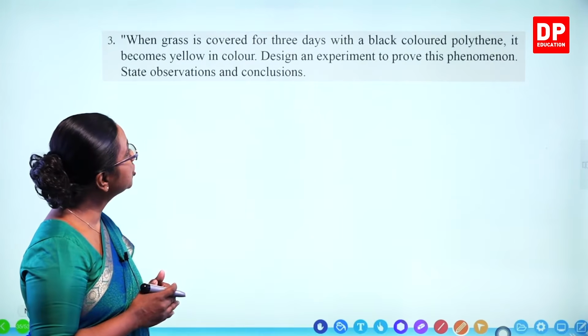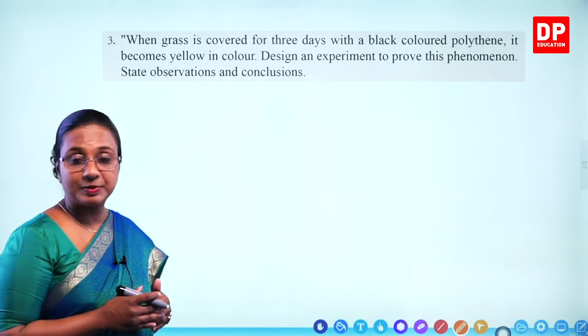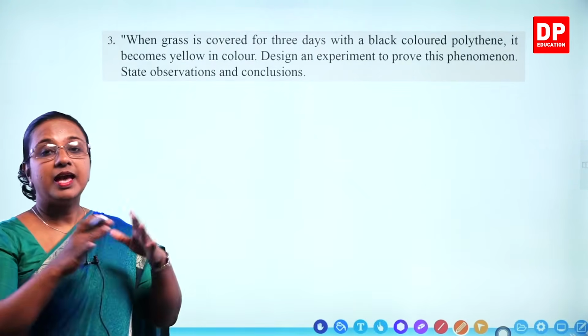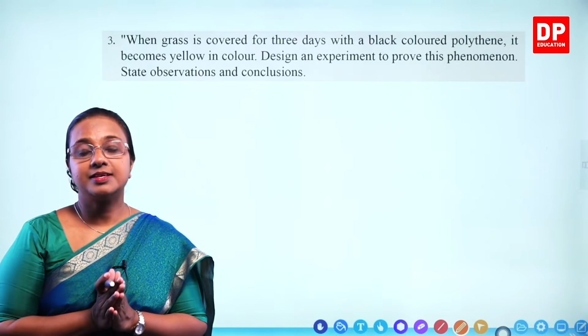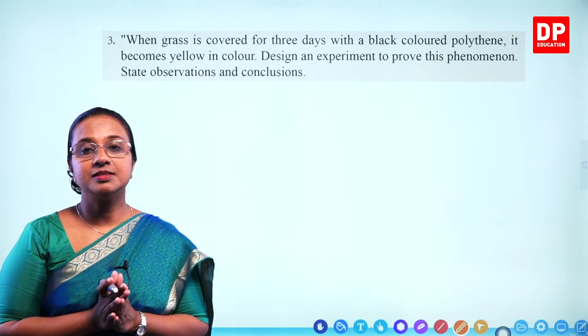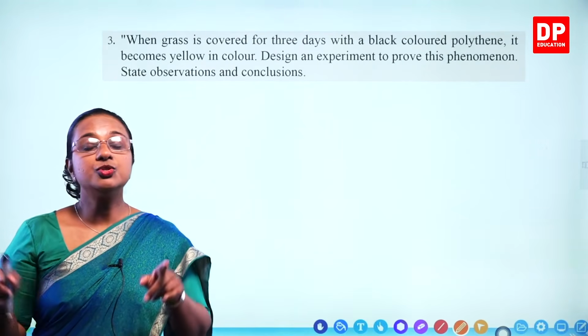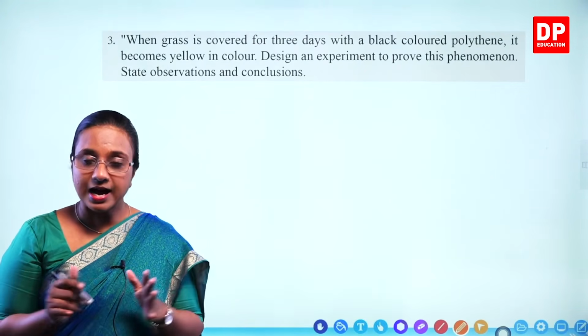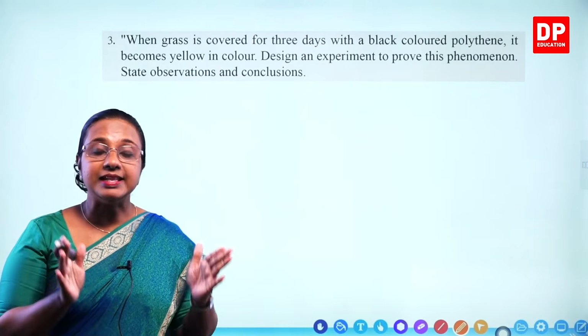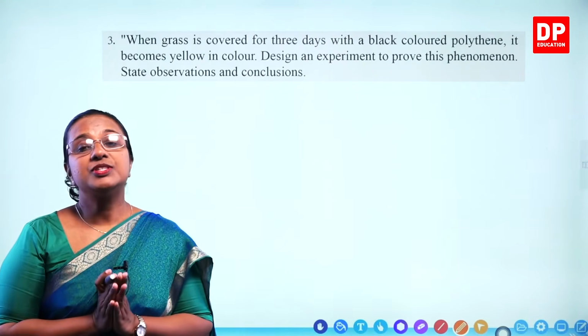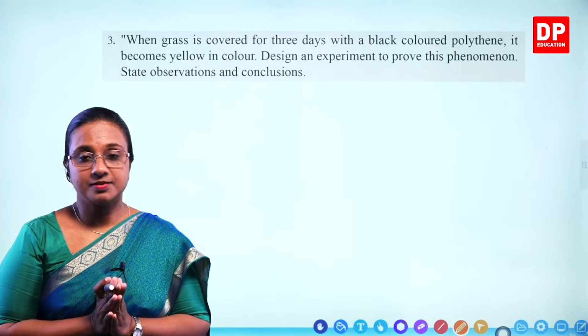So how can we show this using an experiment? We can select a certain area of grass, and in that we can take 2 small areas which are identical in size and that have almost the same amount of grass.